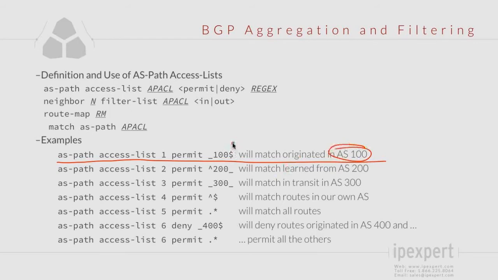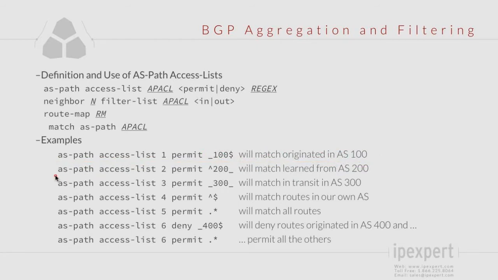Why? Because we are reading this backwards. We have the end of line, the beginning of our path, immediately preceded by 100, immediately preceded by any separator. Mind you, a separator can be white space or the beginning of the line. That doesn't matter. Our requirement was simply to match the routes originated in AS 100.